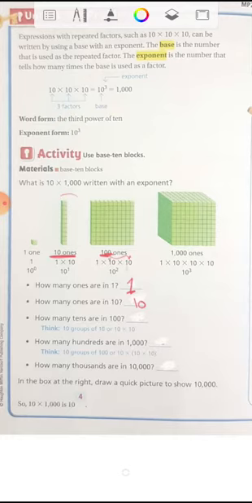So it will be 10 power 2. Now to find the answer for the third question, how many tens are in 100? Remember, the relationship between 100 and the tens is 10. So in 100 I have 10 tens.